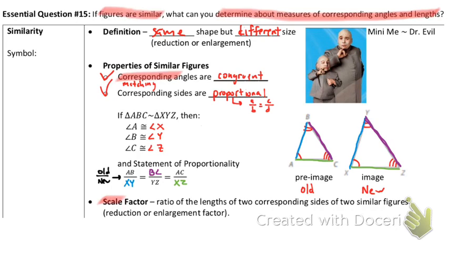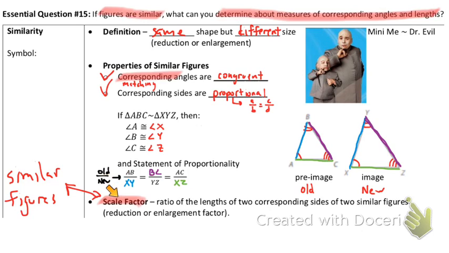If you have a scale factor, that means you must have similar figures. So, if you know that you have similar figures, then your similar figures will have a scale factor. So these kind of come together. Similar figures better have a scale factor. If you have a scale factor, that means you have similar figures.